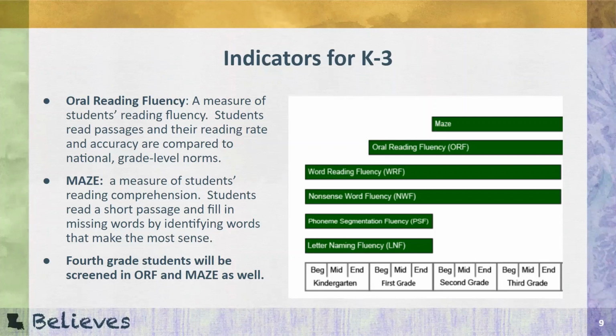We want our students to be able to comprehend what they read. Maze gives us information on whether or not the students can make sense of what they're reading by filling in the correct word, but there's no instructional value to completing Maze passages. Fourth grade students will also be screened in both ORF and Maze.